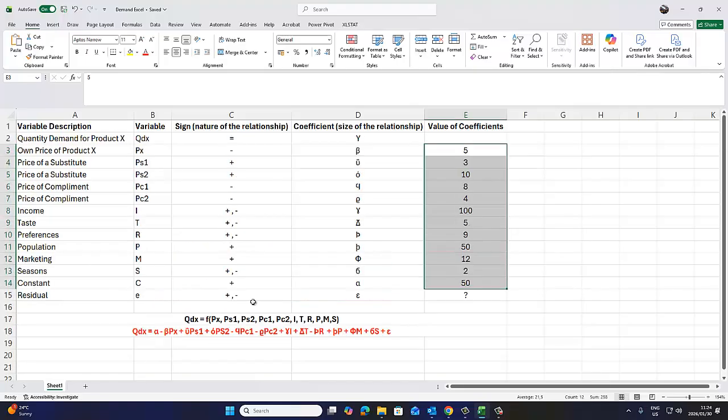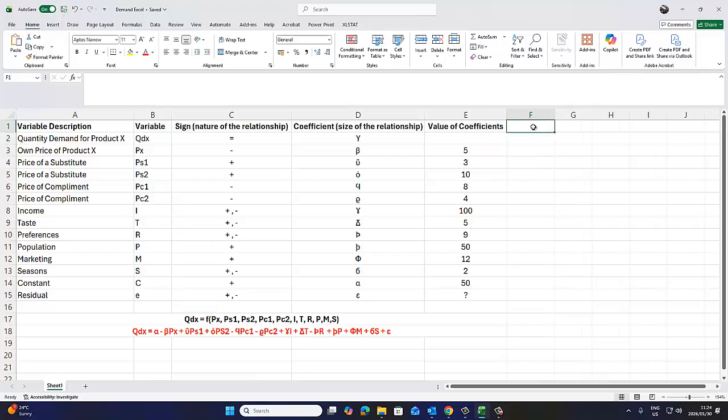So first thing that I want to do now is put in the modified coefficient, which means it's the coefficient and its sign. So that becomes minus 5.